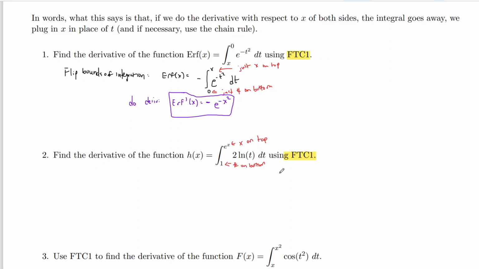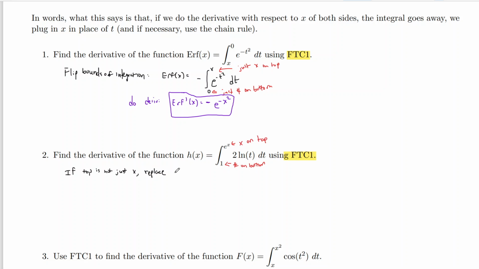And after this one, you can kind of remember it as doing the chain rule. So if the top is not just x, what you do is you replace, and you don't have to go through this step once you see it. If you kind of see the pattern, this is just to explain what's going to happen.